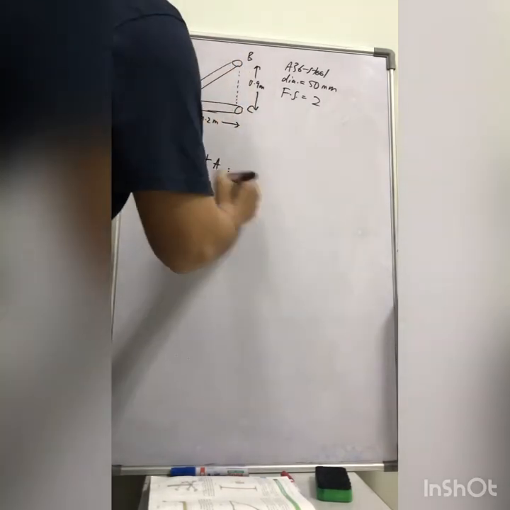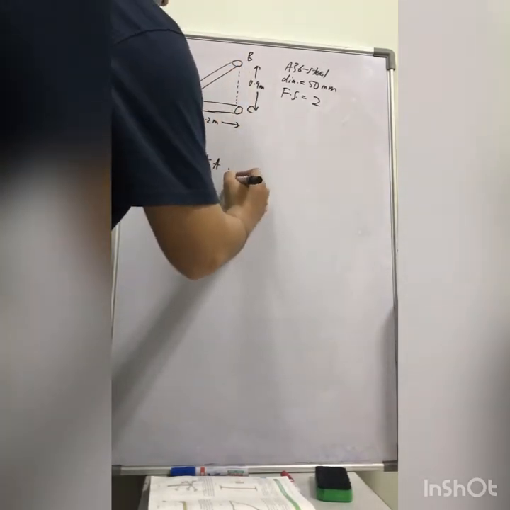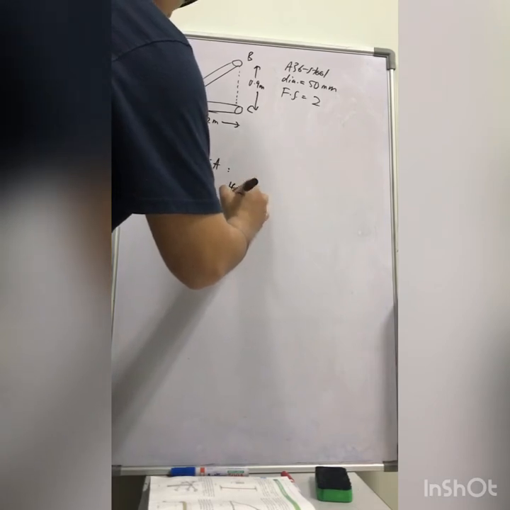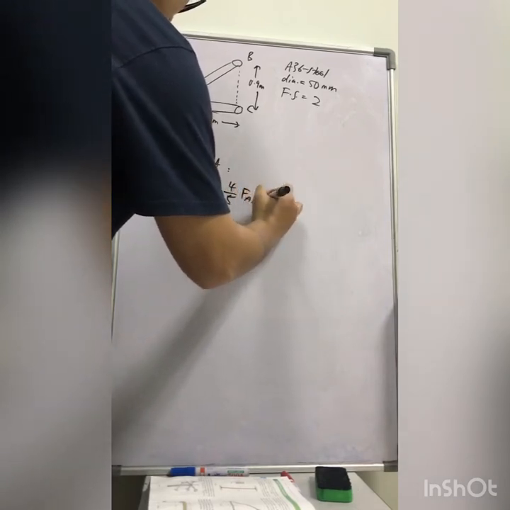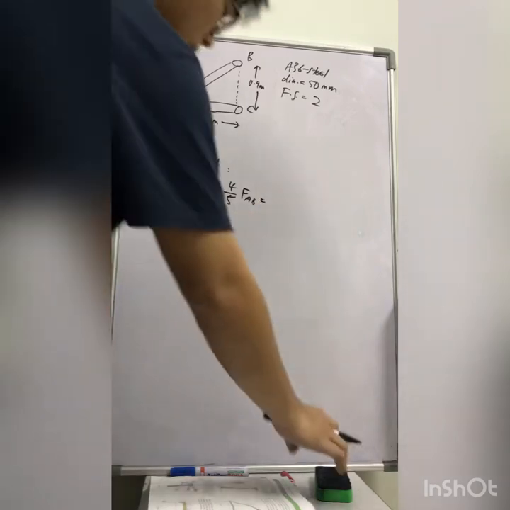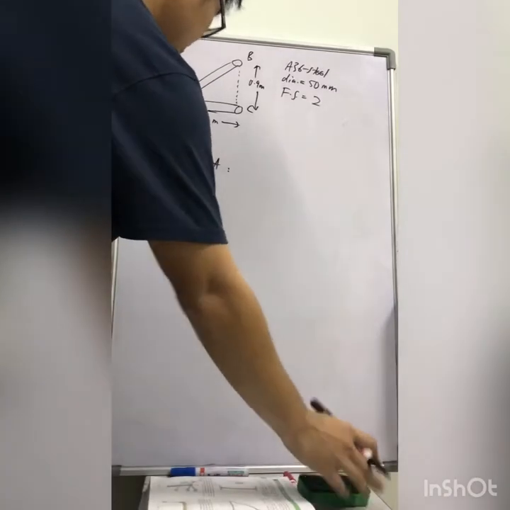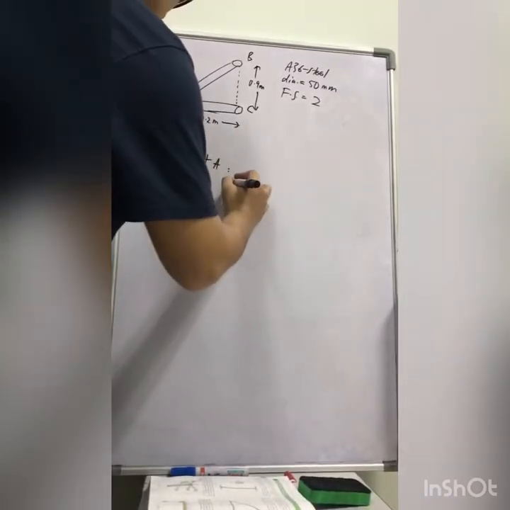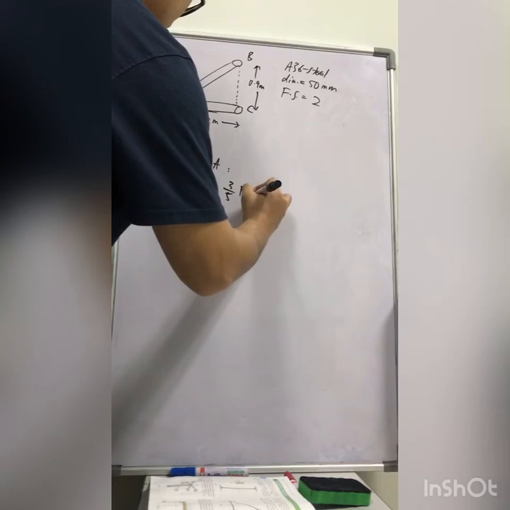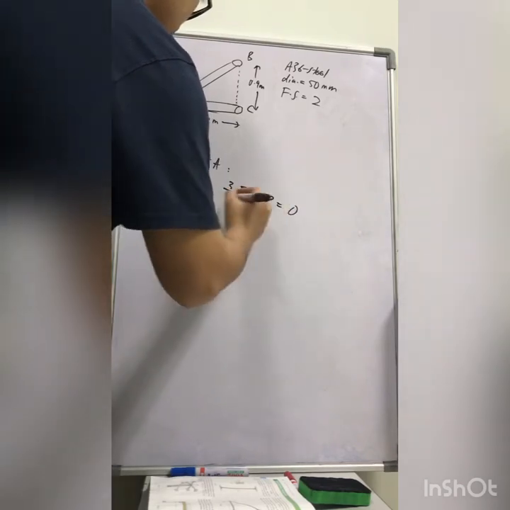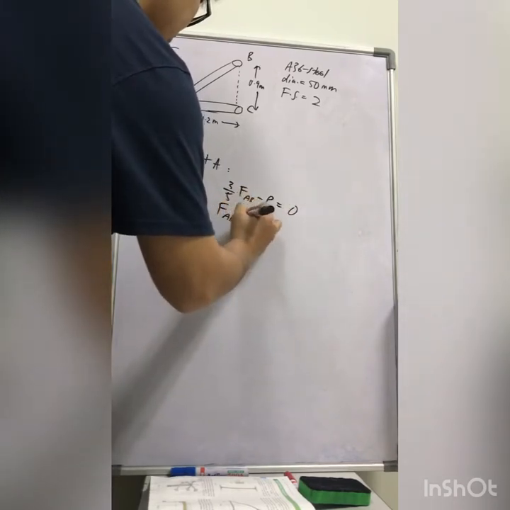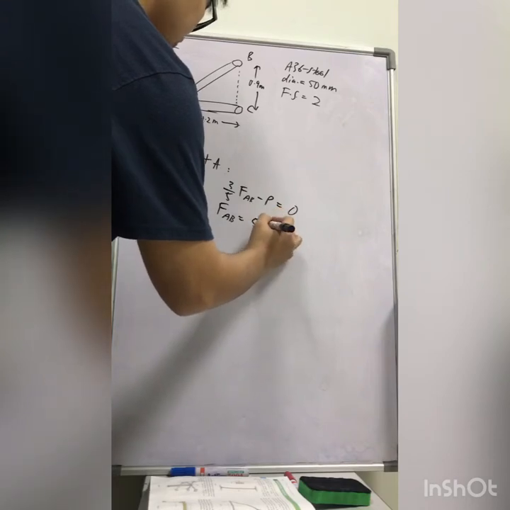So if you solve Fy equal to 0 first, you will have 3 over 5 FAB minus P equals to 0. So your FAB in terms of P is 5P over 3.